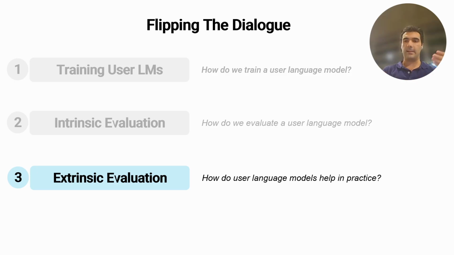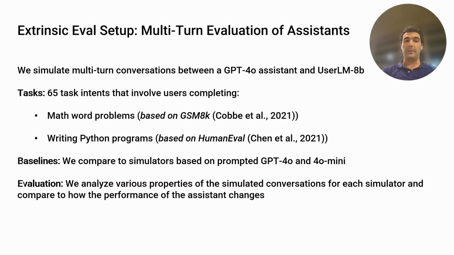We can provide the task on the input, and we can see how the user simulator just talks one turn at a time, which was the objective here. So we took these 65 tasks from the math and the Python domain in Lost in Conversation, and then we compared simulating the conversation with user LM versus with the prompted GPT-4o and GPT-4o mini models, which is the more standard practice.